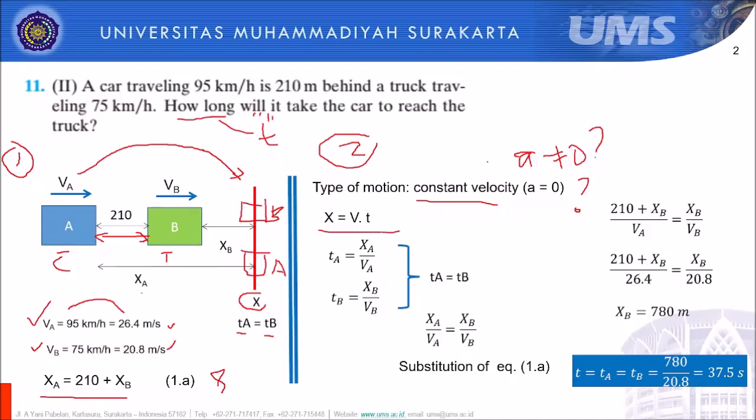So you just use this equation: x equal to v times t. So for the car or A, TA equal to XA divided by VA. For the truck or B, XB divided by VB. Because they have the same time, we can write here XA over VA equal to XB over VB, right?